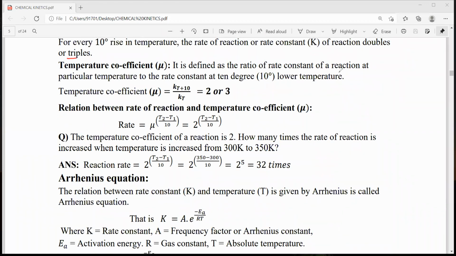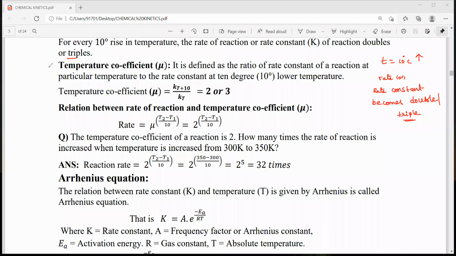Meaning for a 10 degrees centigrade rise in temperature, the rate or rate constant becomes double or triple. Okay, dear students, the rate will be increased by either twice or thrice.